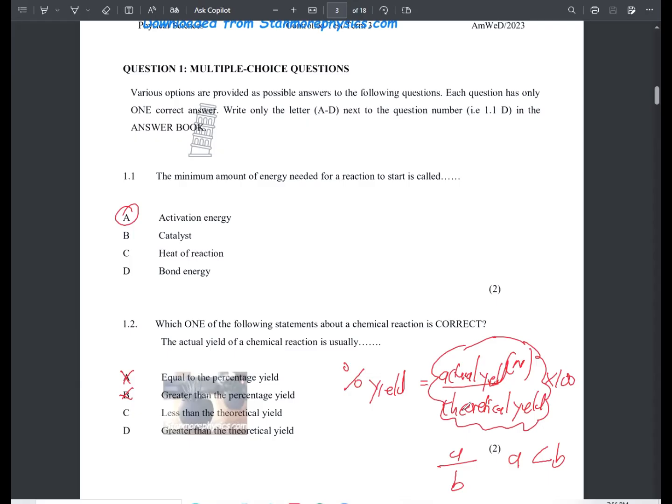All those factors would contribute to your actual yield being less than the theoretical yield, right? So in most of the cases, we know that that would be true. So C. Right. We have never calculated a percentage yield and found that it was greater than 100%. Okay, so now we have the 2 marks in the bag, just like that.